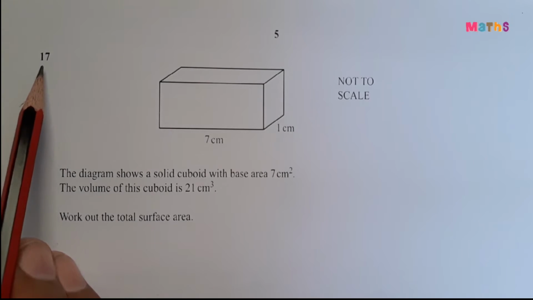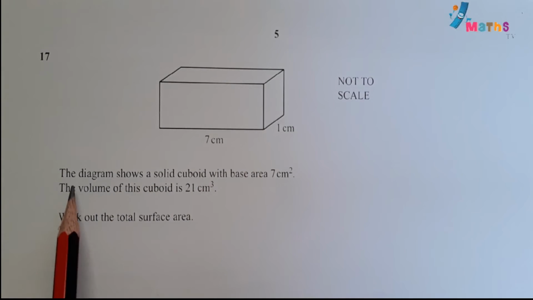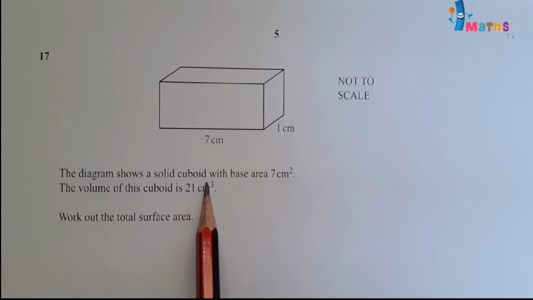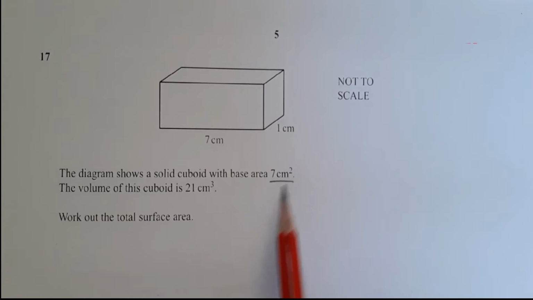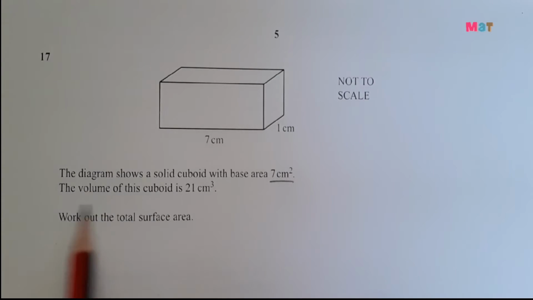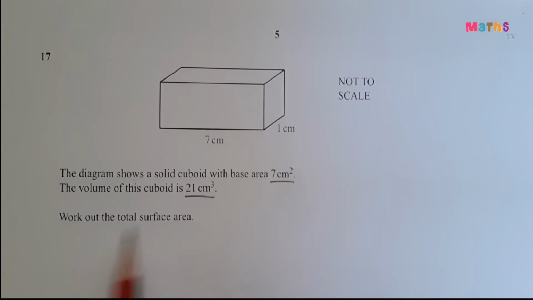Question number 17. Diagram is provided. Diagram shows a solid cuboid with base area 7 centimeter square. The volume of this cuboid is 21 centimeter cube. Work out total surface area.